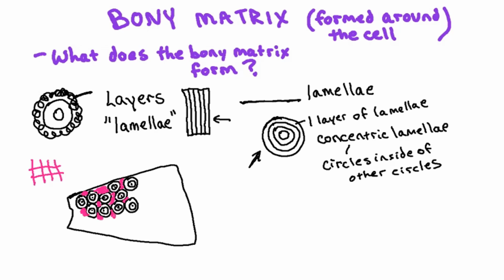Okay, but these spaces are also made out of the exact same layers that the concentric lamella are called, but it's just when it's in these spaces and not in that circular shape, that is called interstitial lamella.